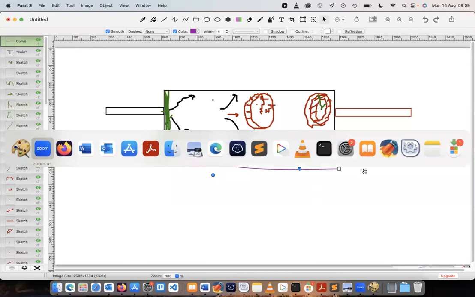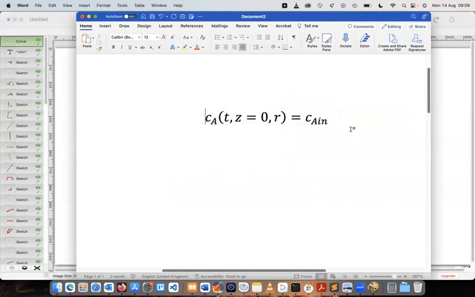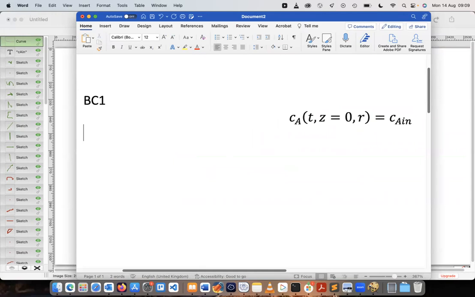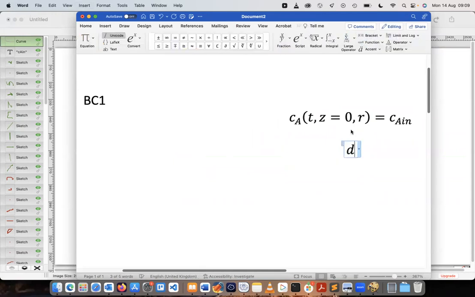So the way we can express that is to say dCA/dz, the axial gradient, specifically at position z equals L. So we are saying for all times t, specifically at z equals L, and for all r positions, that's equal to 0.